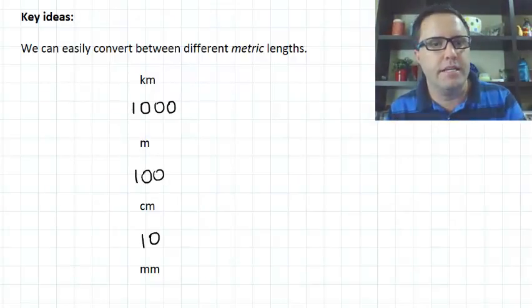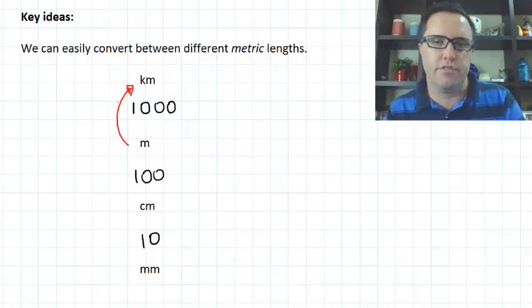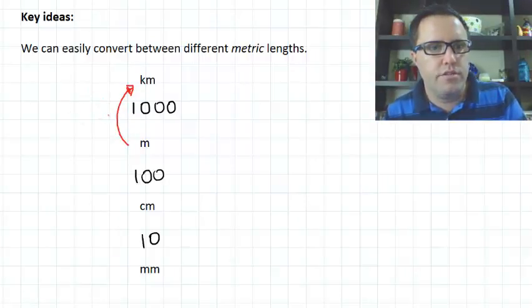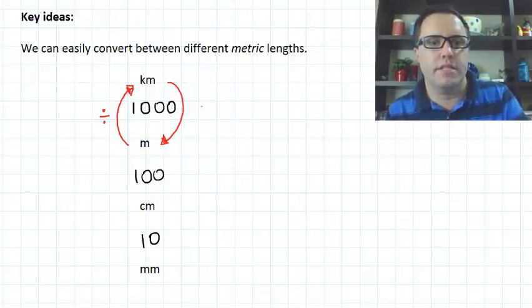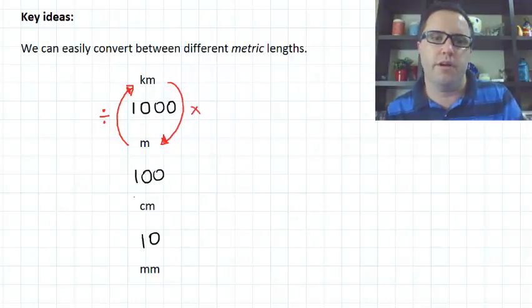Okay, but when we're going up, because there are fewer kilometers than meters for a particular distance, we need to divide by 1,000 when we're going up. But when we're going from kilometers down to meters, our number is going to get bigger, so we're going to be multiplying by 1,000.